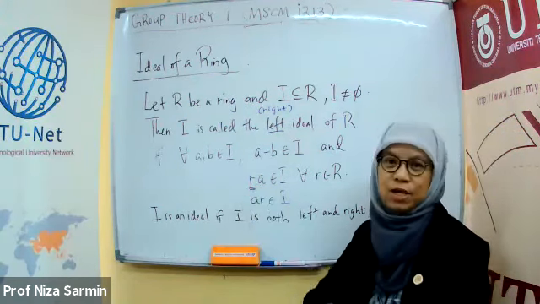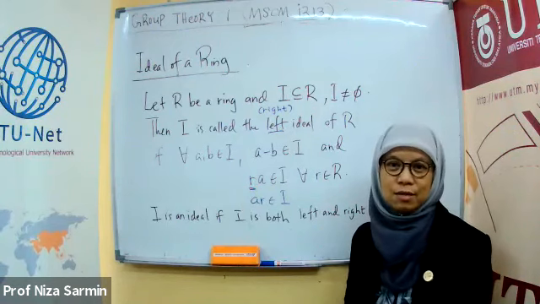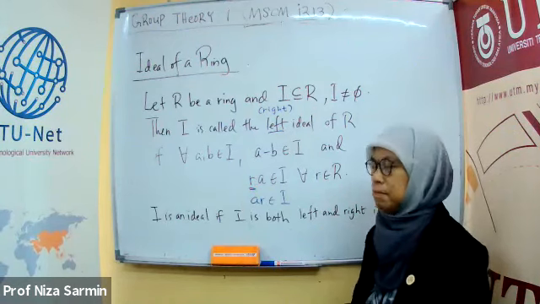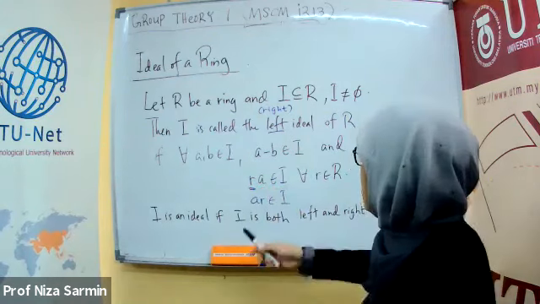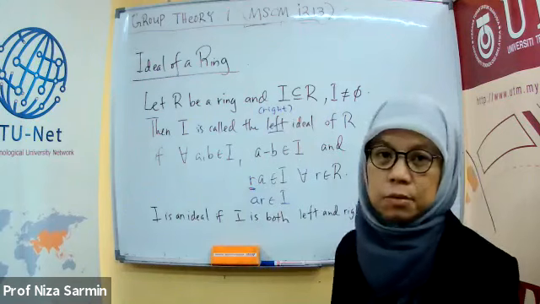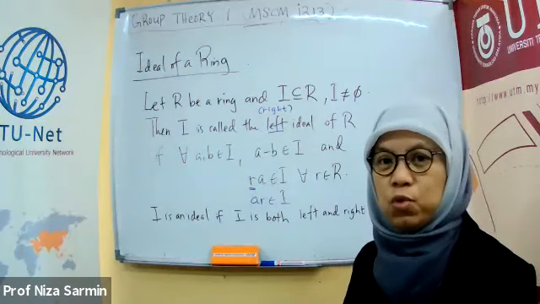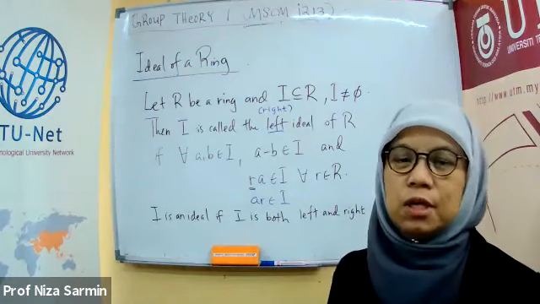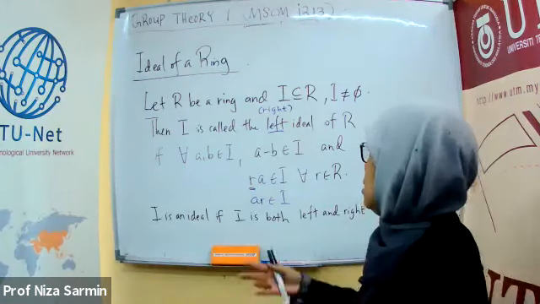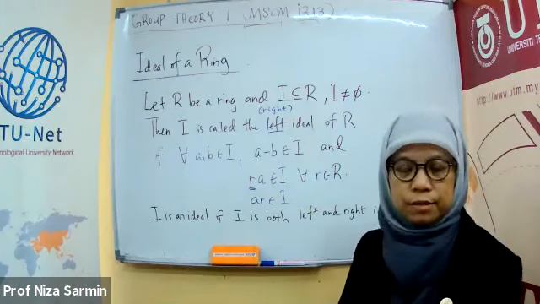So if it's left, then it's also right if the ring is commutative. But you have to look what is your I. In the beginning, I is a subset. So you have to check. If you were given the big R and you're given the I, you want to check whether it's an ideal or not, you have to check these two conditions. Okay?